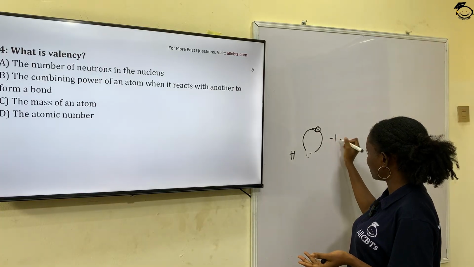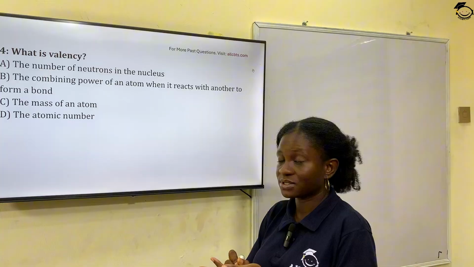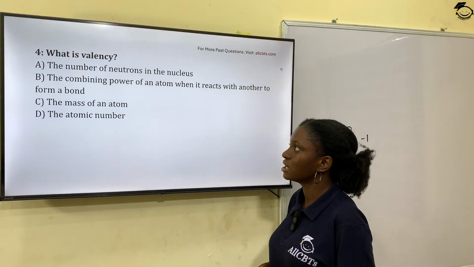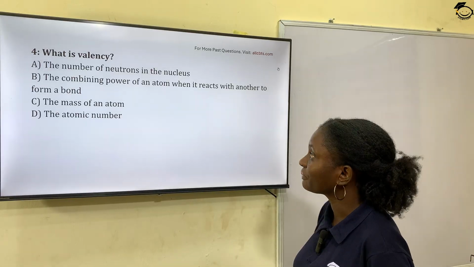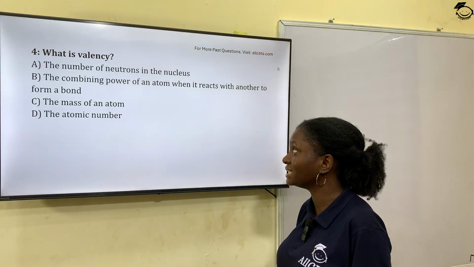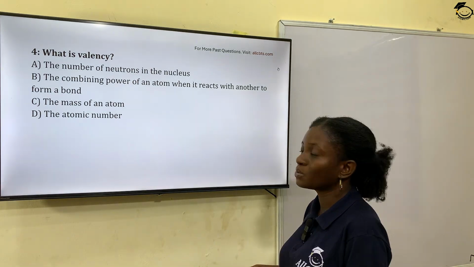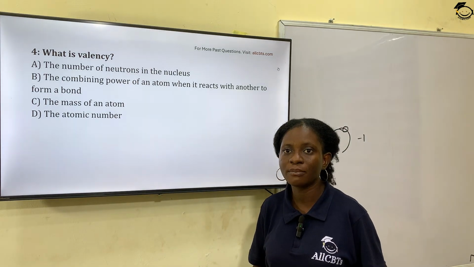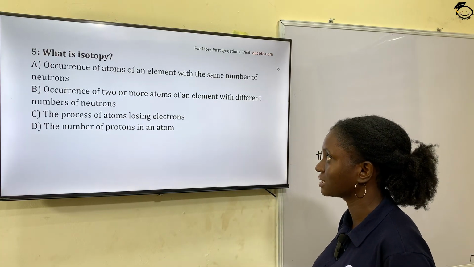That's minus 1. So that's the illustration of what valency implies. So option B is the correct answer. Valency is the combining power of an atom when it reacts with another to form a bond.